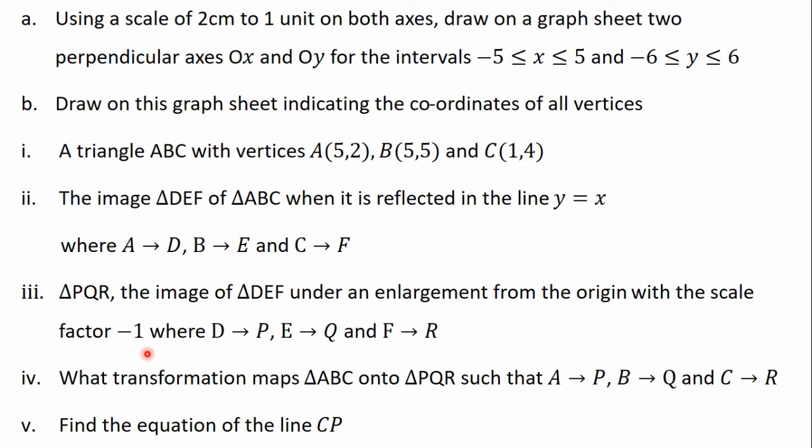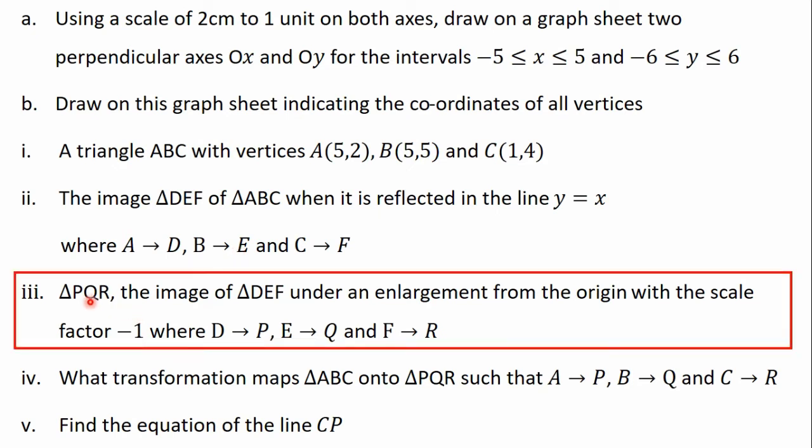Let's look at the fourth part. It says that we should draw the triangle PQR, which is the image of the triangle DEF, under an enlargement from the origin with the scale factor -1, where D maps to P, E maps to Q, and F maps to R. So we are going to enlarge the triangle DEF from the origin with a scale factor of -1 to get the image triangle PQR.